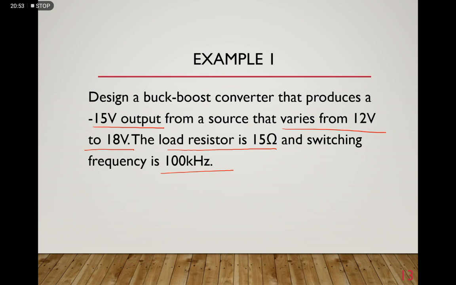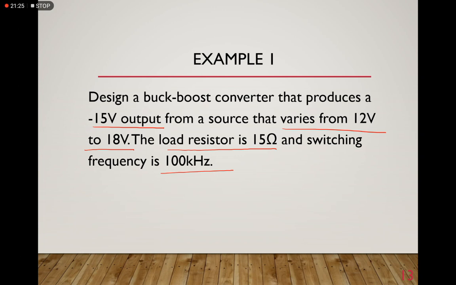Looking at this example, you can see that the output voltage ripple is not given, and there is no other information that can help you find it. If it gave you some waveform of your capacitor current or your output current, you would be able to find your output voltage ripple from that waveform. But here there is only this statement.